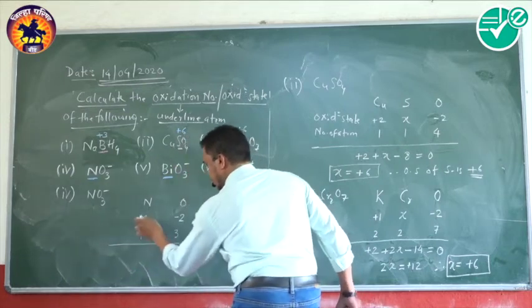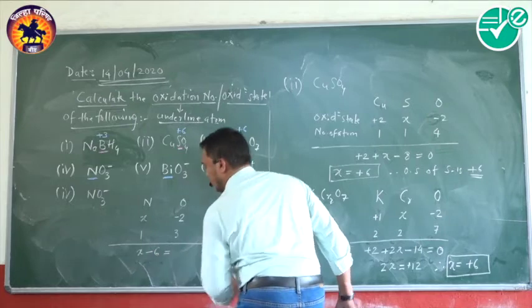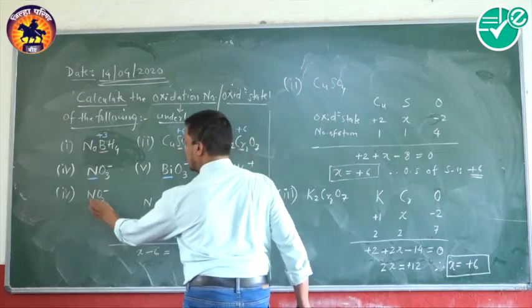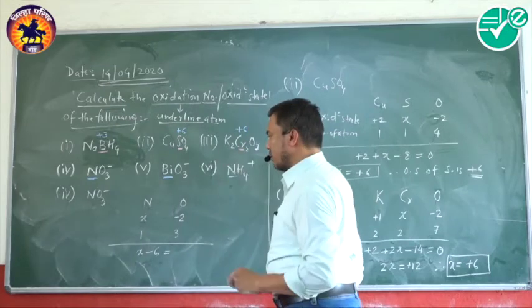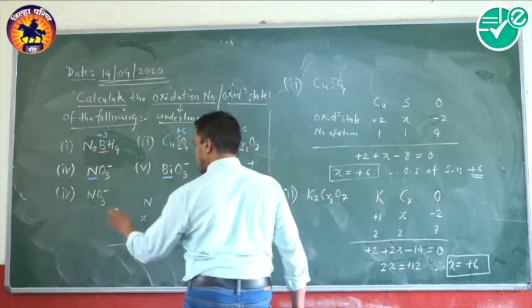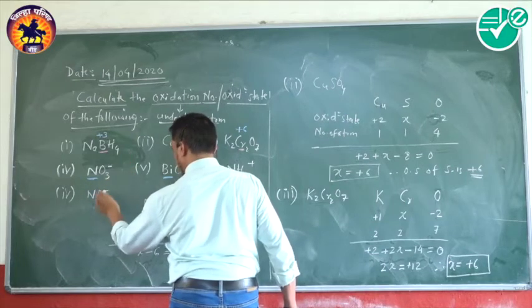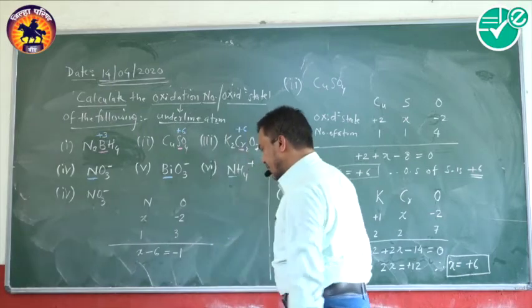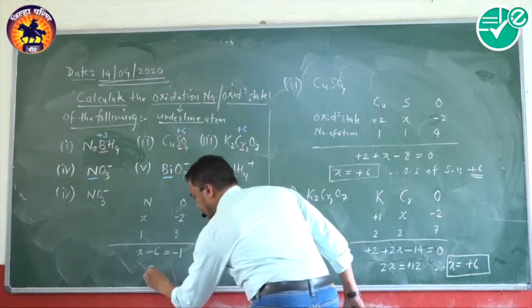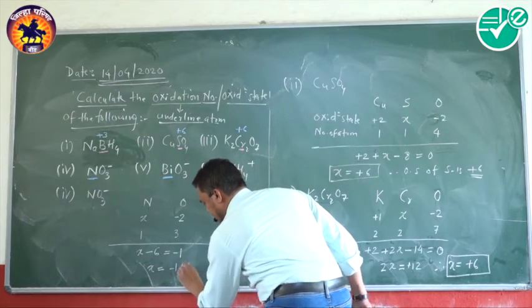Add together, so it becomes x minus 6 is equal to the net charge, as we know from the rules: the algebraic sum of all oxidation numbers of atoms in a polyatomic ion equals its net charge, so minus 1. Simplify, x is equal to minus 1 plus 6.